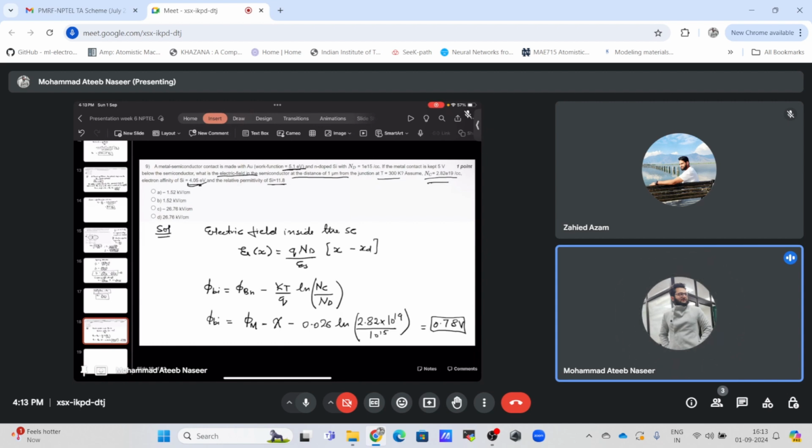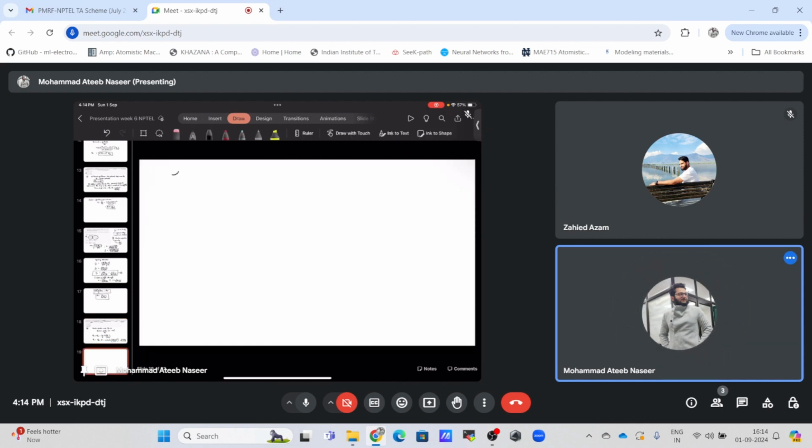If we use this, it would mean the electric field at 1 micrometer is simply equal to q times Nd, which is 1.6 into 10 to the power of minus 19 times the doping concentration of the order of 10 to the power of 15, by epsilon s, which is 11.8 into 8.85 into 10 to the power of minus 14, into 1 micrometer, which is 10 to the power of minus 4 centimeter, minus xt.